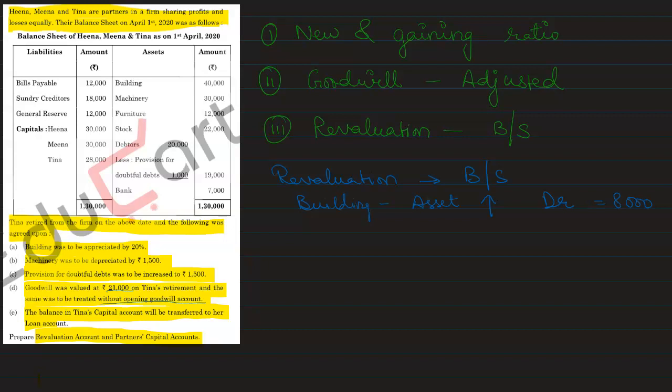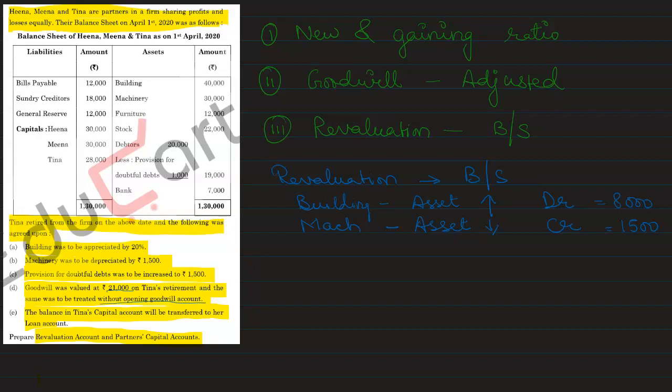Now machinery. Here it is given that machinery is to be depreciated. Depreciated means the value will be reduced. It is an asset and the value will reduce by 1,500. The amount by which the value will be reduced is 1,500. The asset is being reduced, so the asset will be credited.